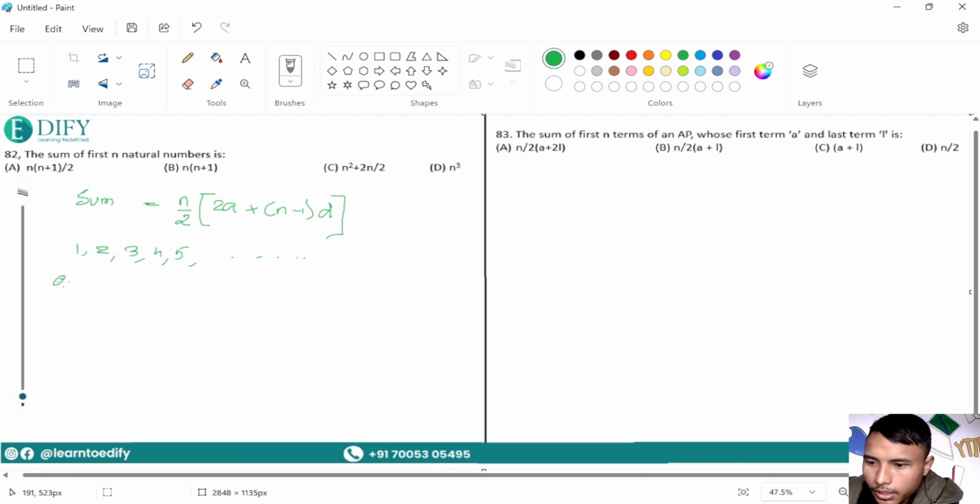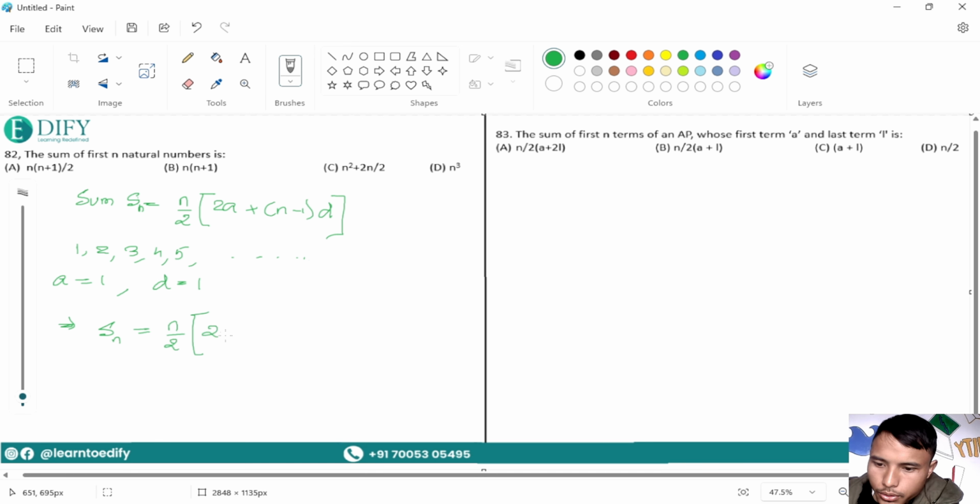Okay. Here a is nothing but 1. And then the common difference is again 1. 5 minus 4 is 1, 4 minus 3 is 1, 3 minus 2 is 1. Okay. So the sum of n terms, we write S, so S n is equal to n by 2, okay?